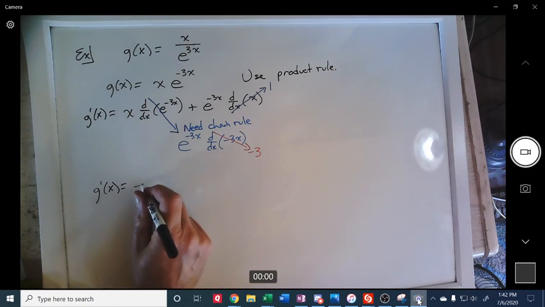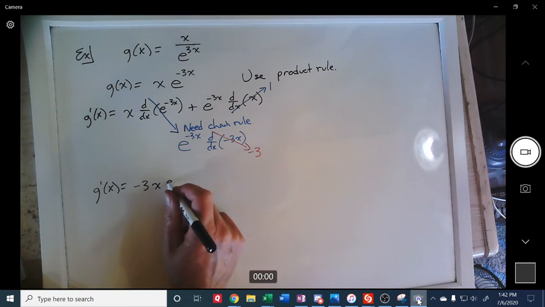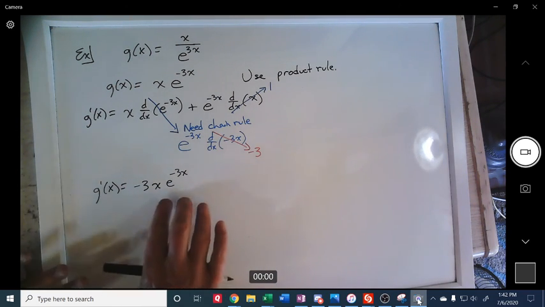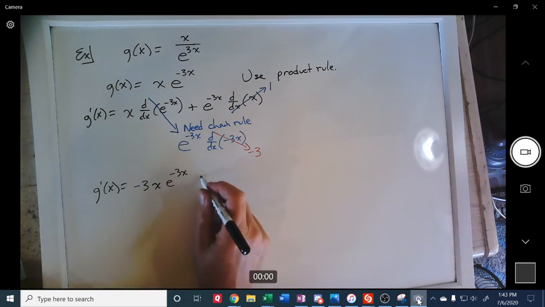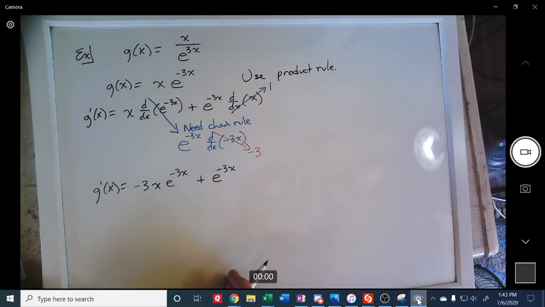I'm going to put the negative 3 first, the x next, and the e to the negative 3x last. So the more simple things up front, the more complicated things in the back. Plus e to the negative 3x. And that's my derivative right here.